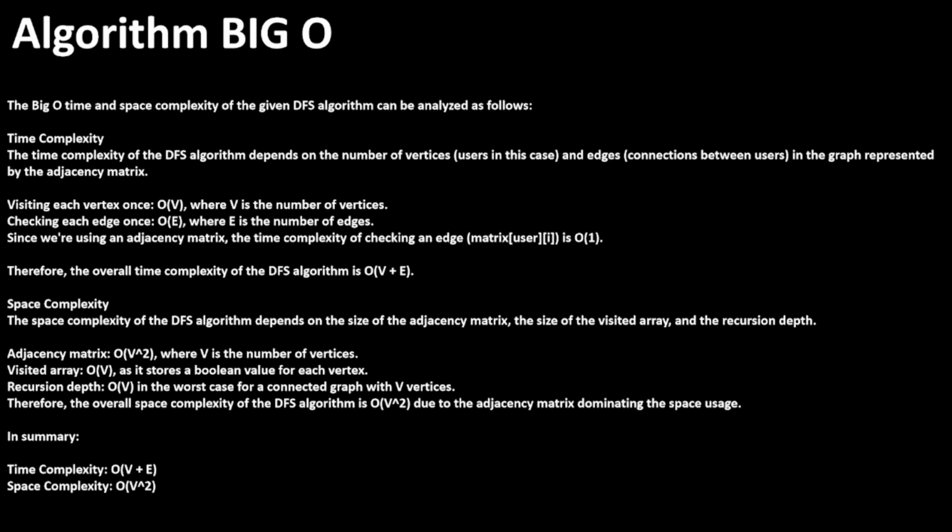The recursion depth in the worst case is a connected graph with V vertices, and therefore the overall space complexity of this algorithm is O(V squared), due to the adjacency matrix dominating space usage. The time complexity is linear, O(V plus E), while the space complexity is a little bit quadratic, in the worst case.